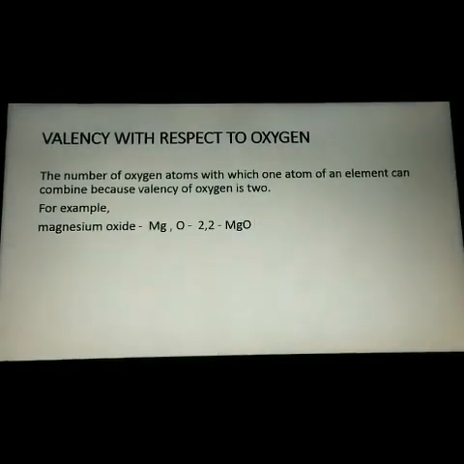This is the number of electrons in the outermost shell of these elements. So while writing the molecular formula for magnesium oxide, it will be MgO. So valency with respect to hydrogen, chlorine and oxygen we have seen.